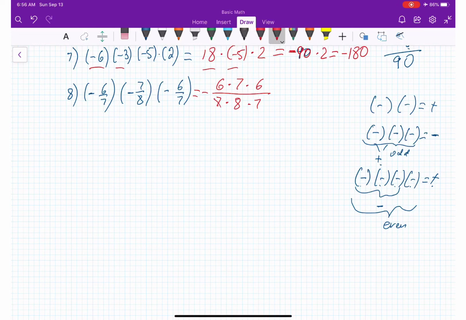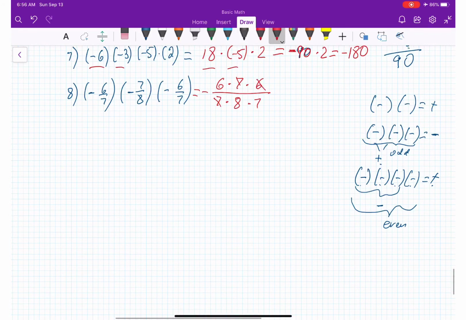We can cancel this 7 with 7. And 8 and 6, both of them are even, so I can divide both by 2. 6 divided by 2 is 3, 8 divided by 2 is 4. The other 6 and 4, I can divide by 2. 6 divided by 2 is 3, 4 divided by 2 is 2.